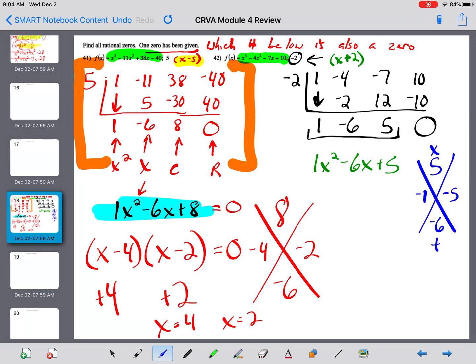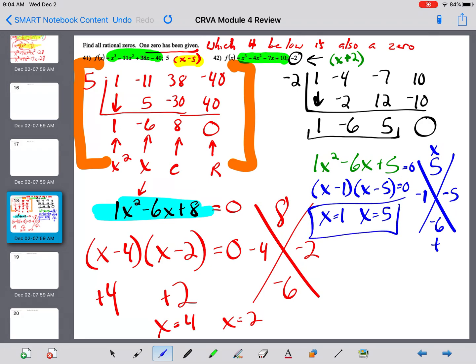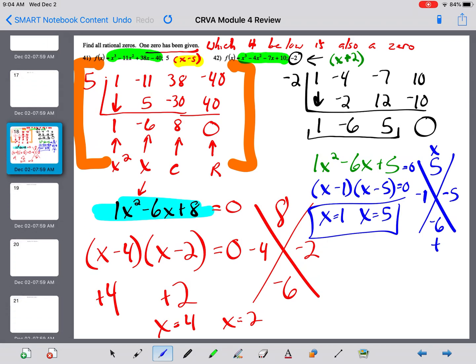Oh, yeah. Negative 1 and negative 5. So we can factor that trinomial as x minus 1 times x minus 5. So the 0s are x equals positive 1, and the other solution is x equals positive 5. So 1 or 5 would be down below, and that would be your solution.